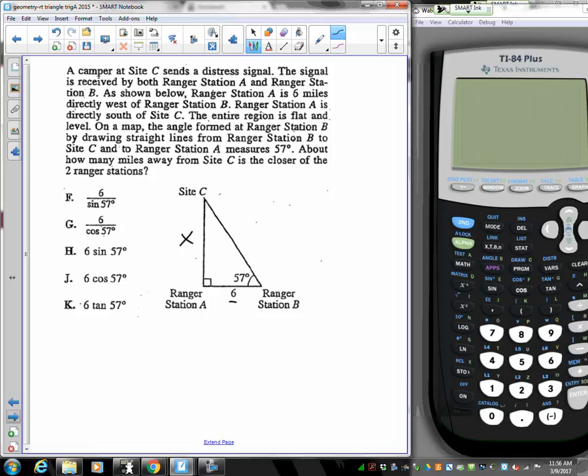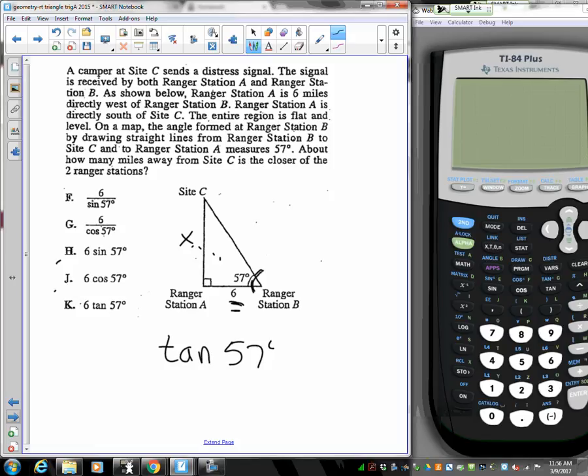So now, let's set this up. Obviously, look at the answers. It's trig. We have sine, cosine, and tangent. Now, it's just like the last one, really. We have this angle, and x is opposite, and 6 is adjacent. Opposite and adjacent is tangent.